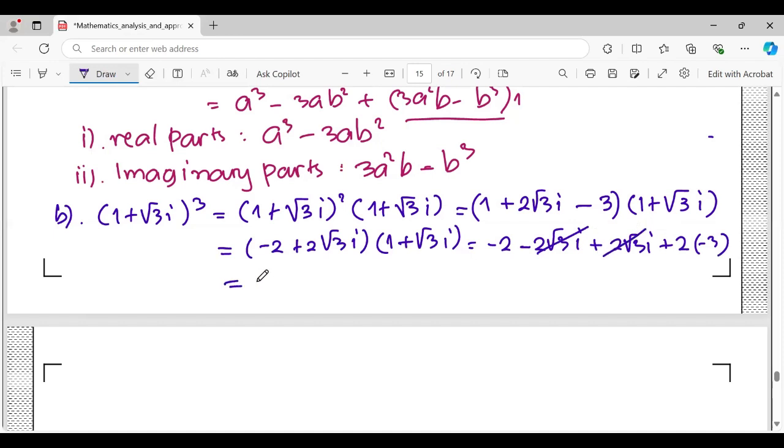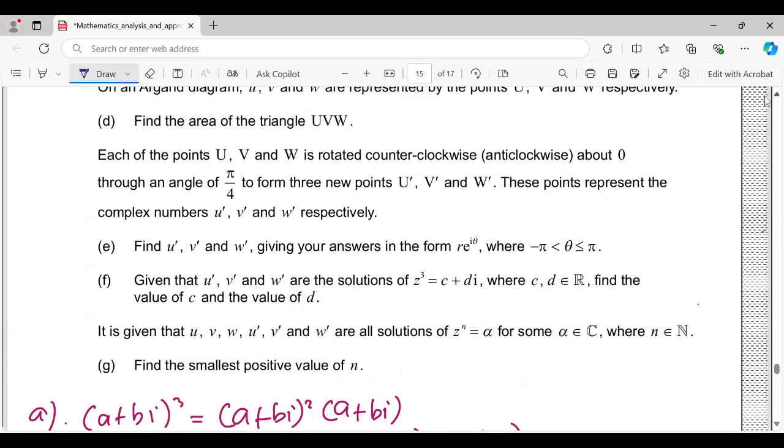So it is minus 2 minus 6. It is minus 8. So for part b, the solution is minus 8. Now part c.